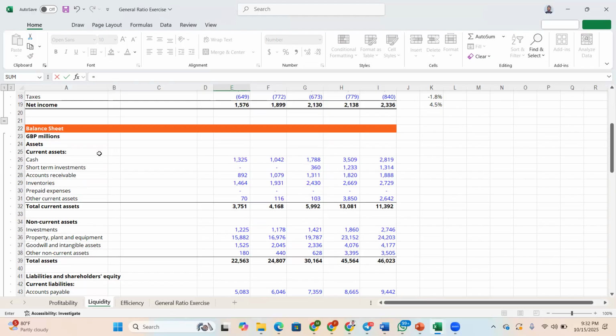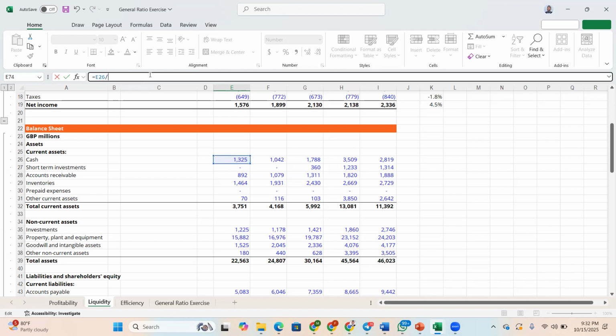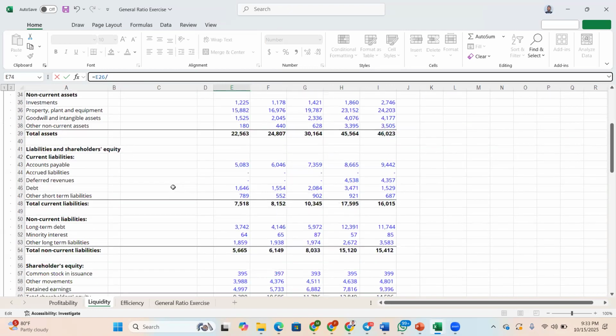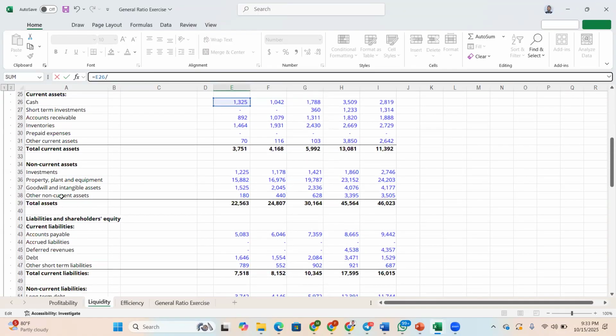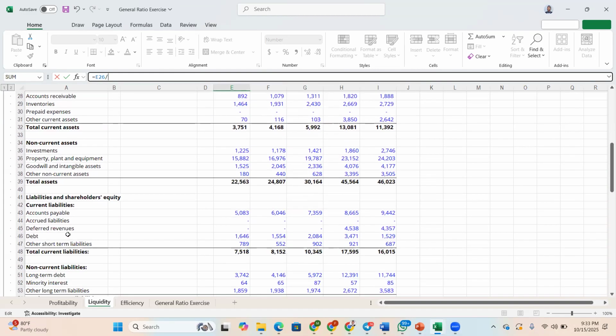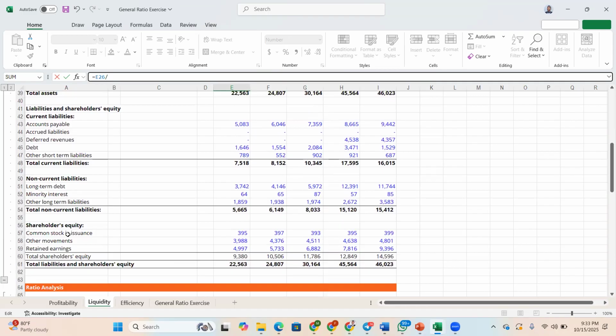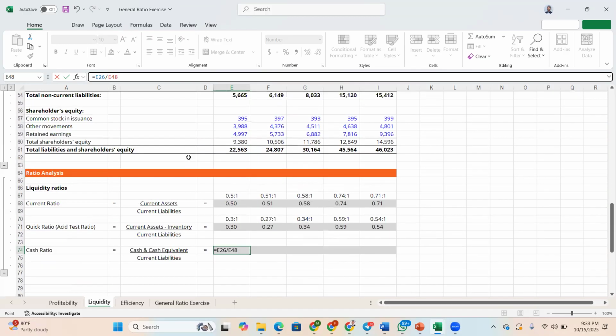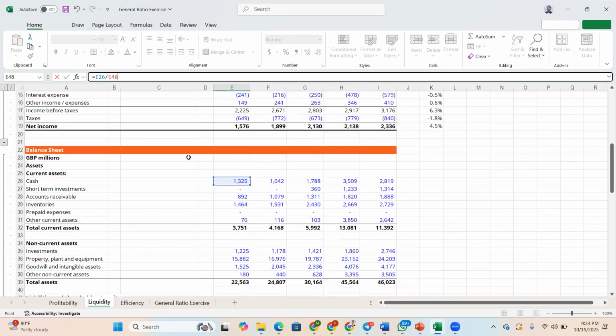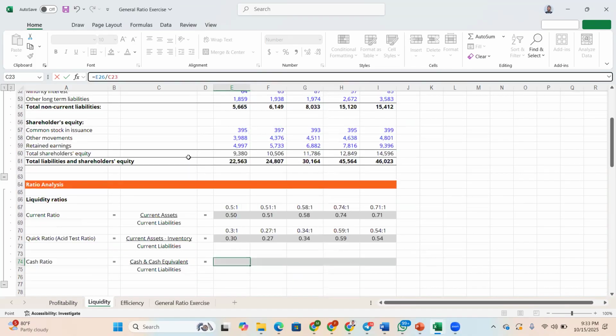The only cash we have here is this, because short-term investment is not a cash equivalent. So we'll say divided by current liability. Current liability, where is it? Oh, this is it. So cash and cash equivalents, which is here, divided by current liability here.